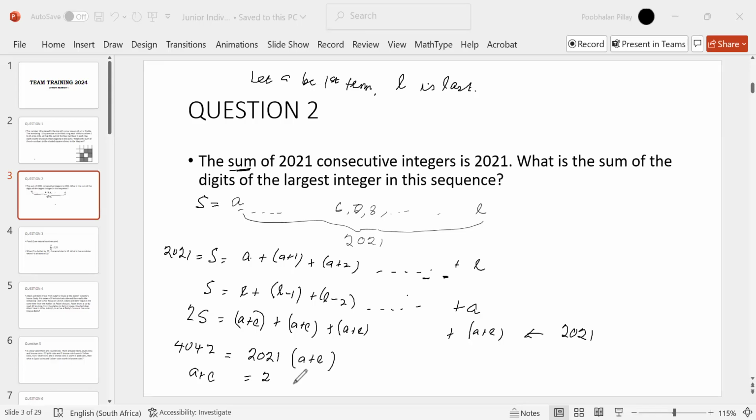All right, now we don't know what A and L are separately. There's also a formula for the last term. You see, if you look at this, the first term is A, the second term is A plus 1, the third term is A plus 2. So for the last term, there are 2021 terms here. So the last term will be A plus 2020, right? Because the second term is A plus 1, third term is A plus 2. So the last term will be A plus 2020, since there are 2021 numbers altogether.